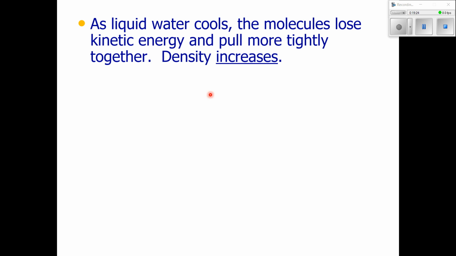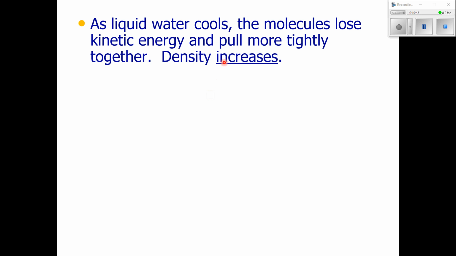The more kinetic energy they have, the more they vibrate. But as they get colder, they lose kinetic energy, and they're not vibrating as much, and the attraction, the hydrogen bonding between the water molecules pulls them closer and closer and closer together.